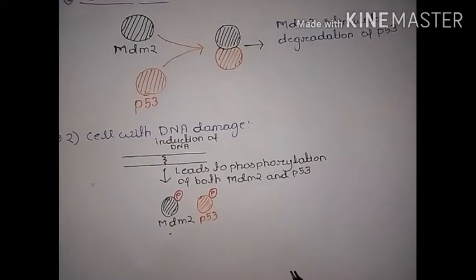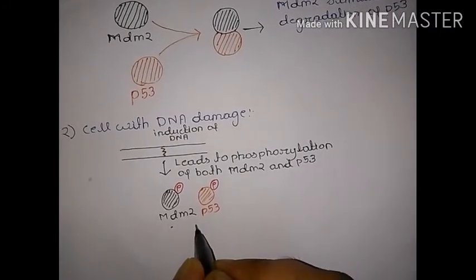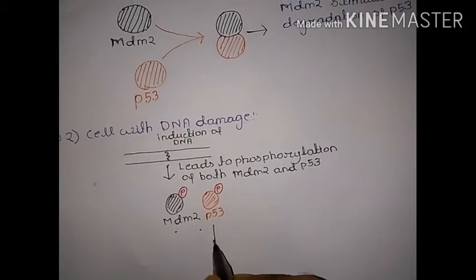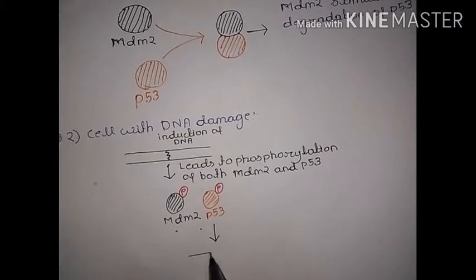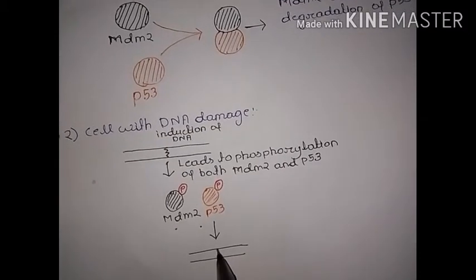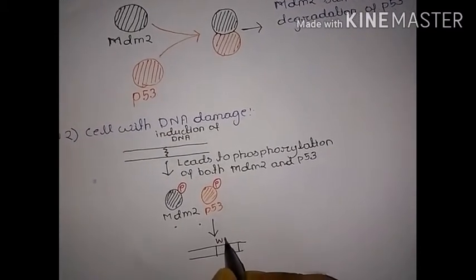Now this is called the activated form of p53. p53 attaches to DNA and helps in the expression of a particular gene, which is called WAF1.